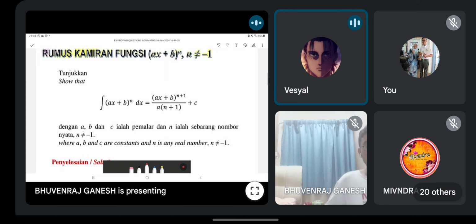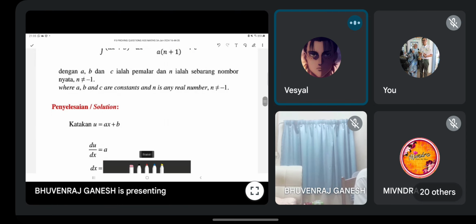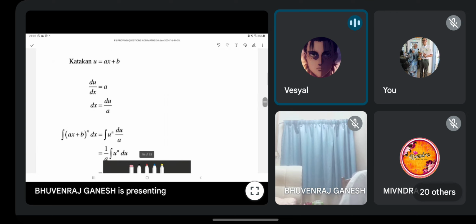Okay, so the next formula is actually another integration formula. This is the formula we use whenever we want to integrate ax plus b to the power of n. So for example, we'll just say that ax plus b equals u because we're going to be integrating ax plus b.